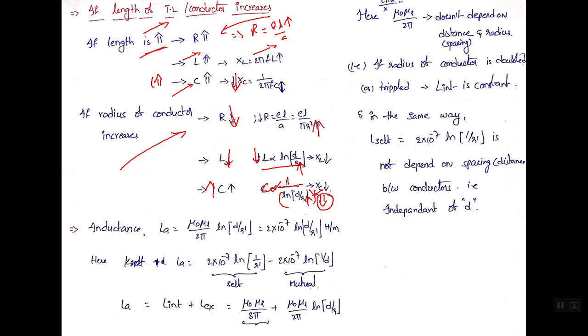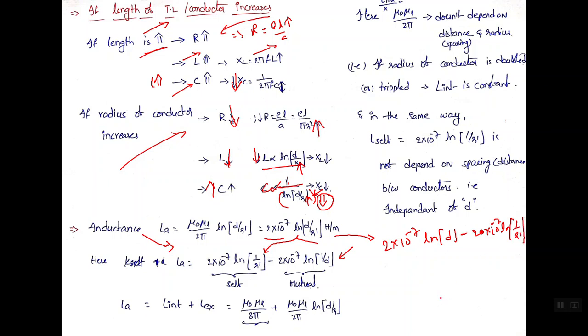And we know the inductance formula, that is 2 into 10 power minus 7 ln of d by r dash. We can write this as 2 into 10 power minus 7 ln of d, minus 2 into 10 power minus 7 ln of r dash.